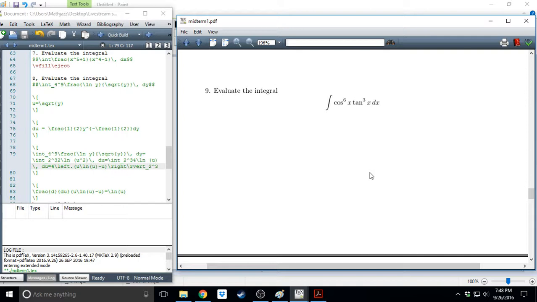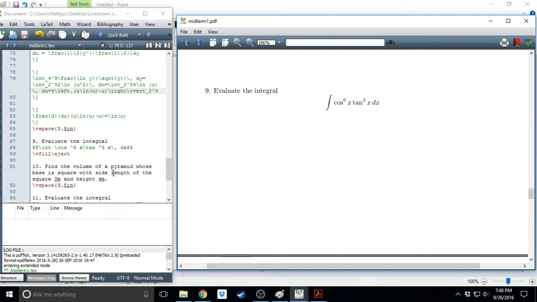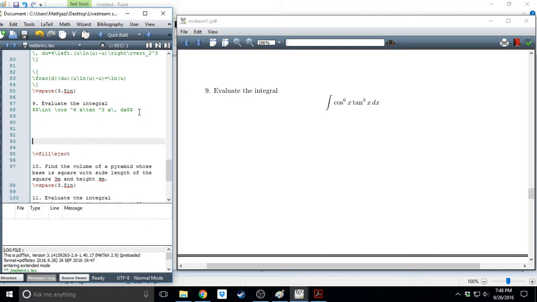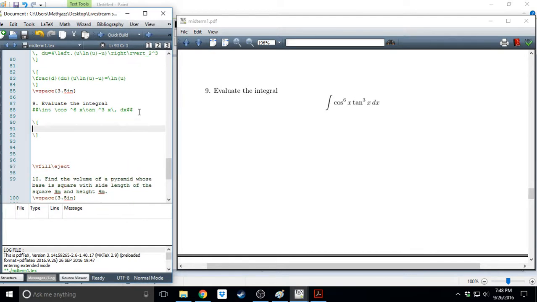Let's see. This one is easier than it looks. Okay, so we want to evaluate this integral. But the first thing that we notice is that tangent is just, well, it's sine over cosine. So we have 6 cosines in the numerator, and we have 3 in the denominator. So let's simplify this already.